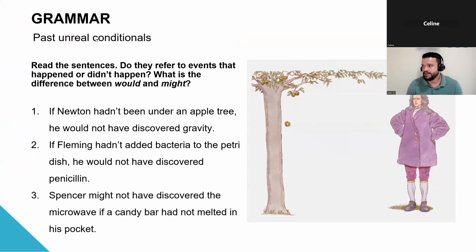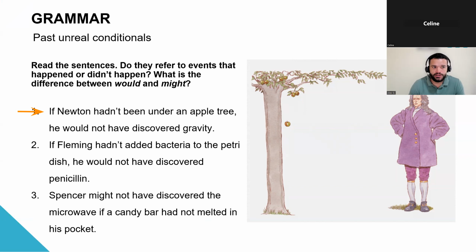What about past unreal conditionals? So for past unreal conditionals, it's going to be this one here. Let's read the number one that we have here. Can you read number one, Celine? If Newton hadn't been under an apple tree, he would not have discovered gravity.